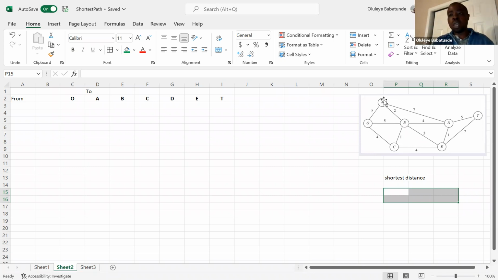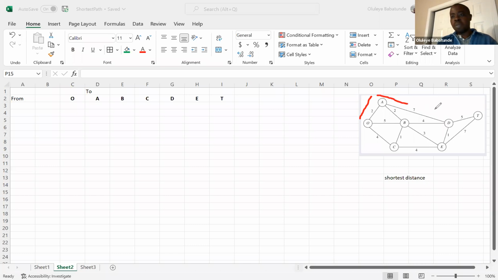You can move from O to A to D to T. If you are moving, you can move from O to A, then you move from A to D, and you move from D to T. So you can have OA, AD, DT, and you can move from O to C, you can move from C to E, and you can move from E to T.